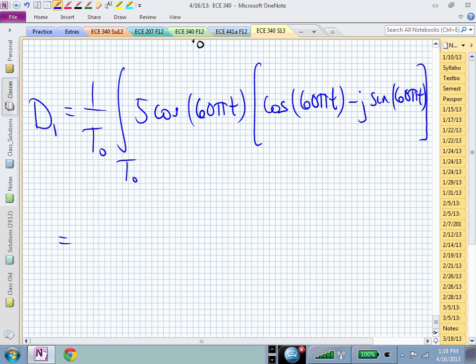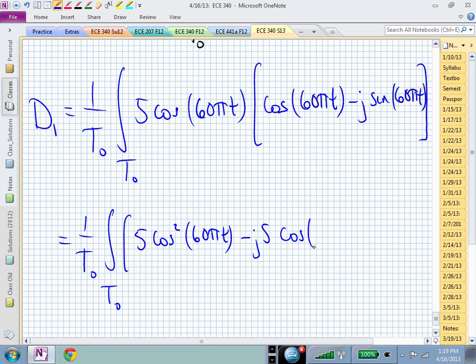And now maybe you can see why I did this. Now it's going to look consistent with what I had before in the time domain. Now I'm going to have a cosine squared. I now have a 1 over T naught integral over T naught. I have two terms. I have a 5 times cosine squared of 60 pi t. Then I have a minus j5 times cosine 60 pi t sine 60 pi t dt.